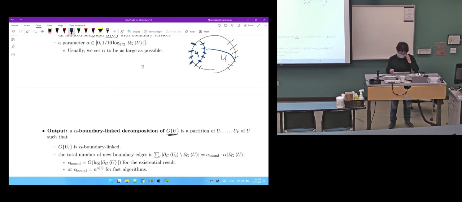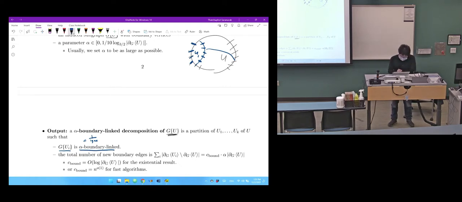We want each part to be alpha battery linked, and you think of alpha as 1 over log m. That's the highest alpha we can set, and you usually think of alpha as the highest possible.